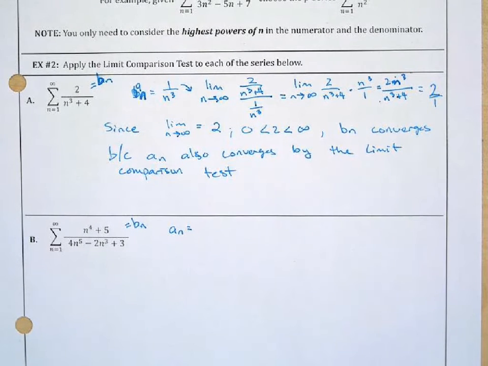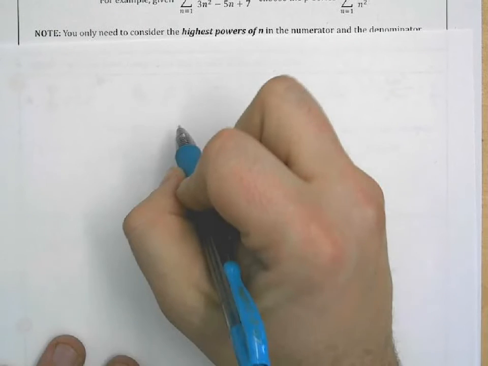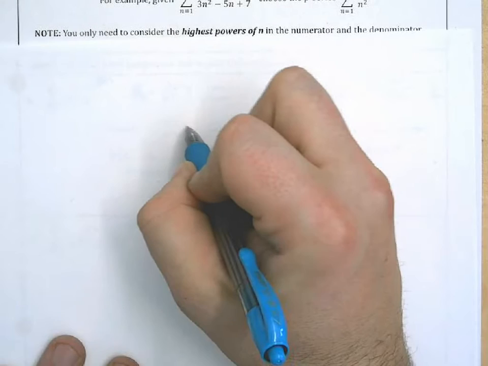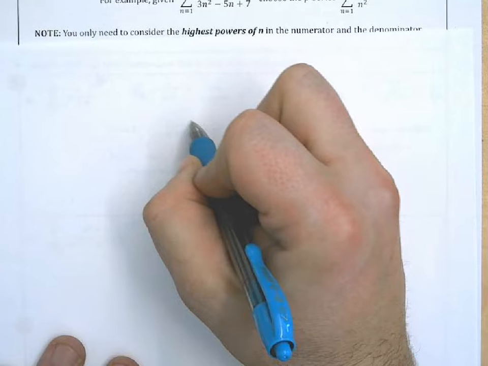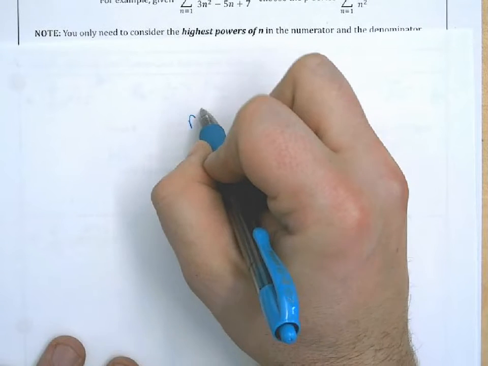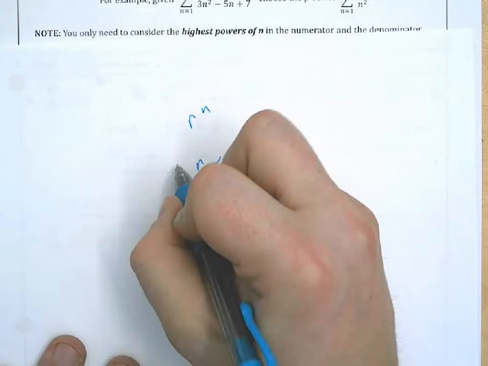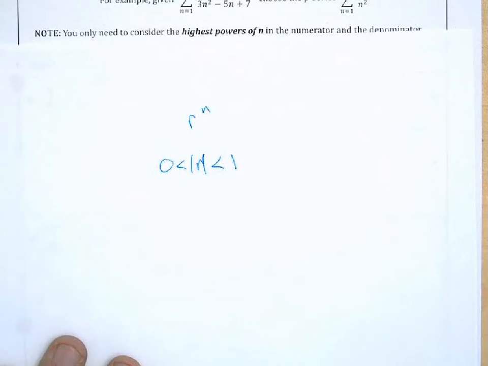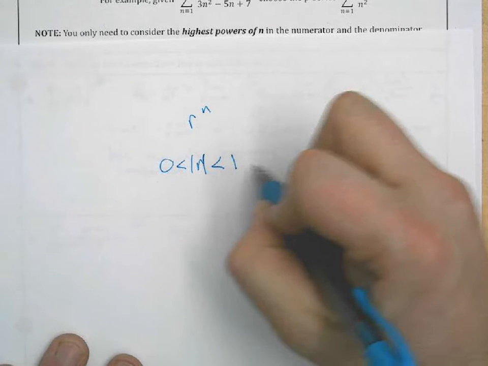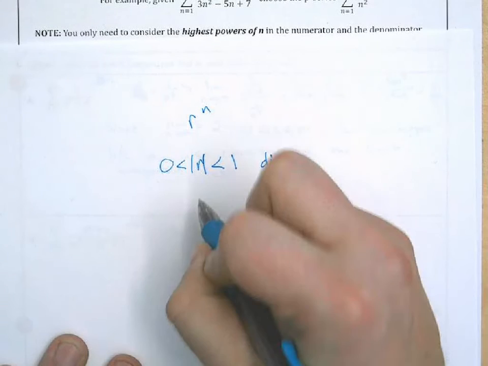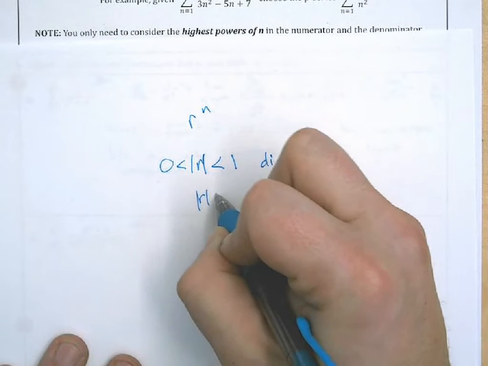When you have your n in the exponent, r to the n, if the absolute value of r is between 0 and 1, we converge. Greater than 1 is divergent, and equals 1 is divergent.